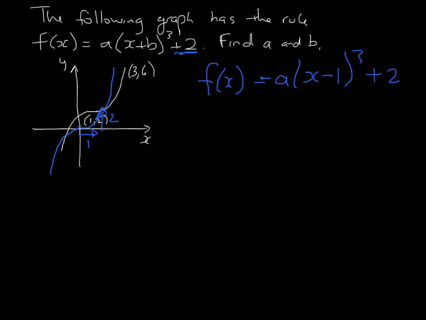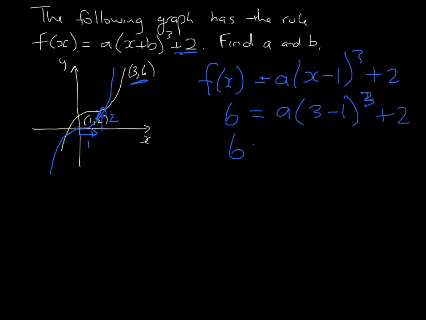What we then need to do is take this point (3, 6) and substitute that into the equation to find a. So y equals a(x - 1)³ + 2, when x is equal to 3. Nope, that's not cubed, plus 2.